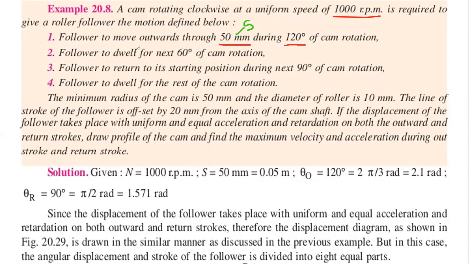Next, the follower dwells for the next 60 degrees. So it is the dwell period for the next 60 degrees, and the follower returns to its starting position during the next 90 degrees of cam rotation. That is the return stroke of 90 degrees.